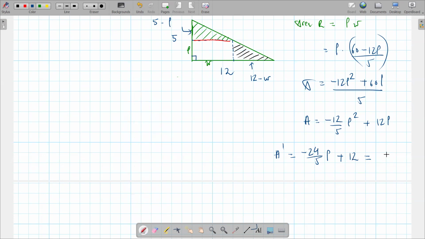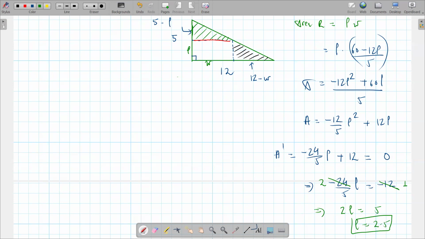So we set this equal to 0 and solve for L. Negative 24 over 5L equals negative 12. Negative 12 goes into itself once and into negative 24 twice. So we have 2L is 5, therefore L is 2.5. Boom, that's the answer.